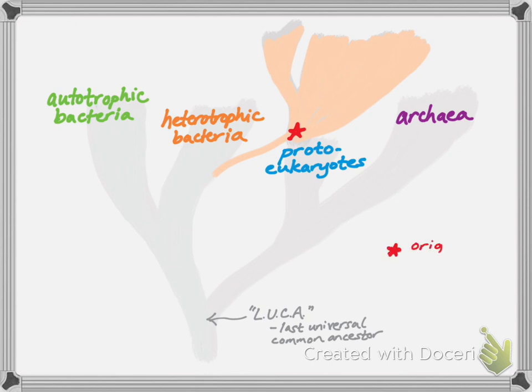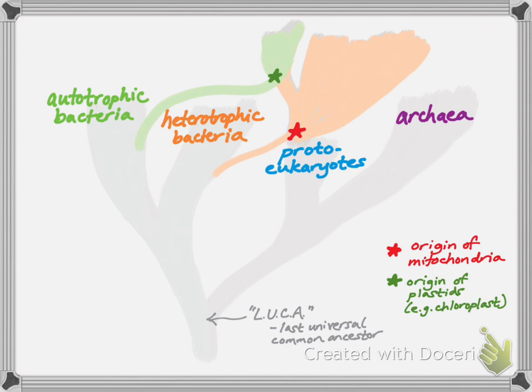And if we add on to that, the origin of photosynthetic eukaryotes is from an early eukaryote with mitochondria and a nucleus, also engulfing and incorporating photosynthetic bacteria, leading to chloroplasts. And this branch of eukaryotes is the branch that includes green algae and plants.